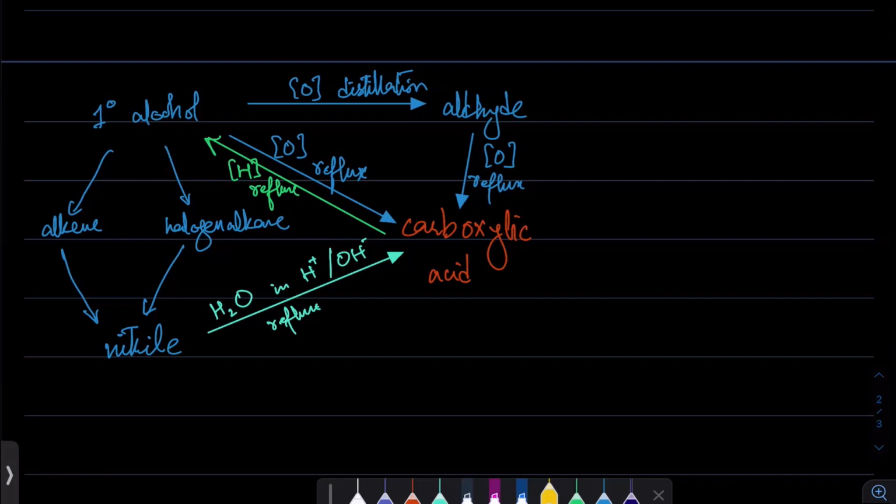So remember the way through which we were able to convert an alcohol into halogenoalkane? Just like that, we can do the same thing with carboxylic acid and we will get acyl chloride. Carboxylic acid में होता है COOH, acyl chloride में होता है COCl.